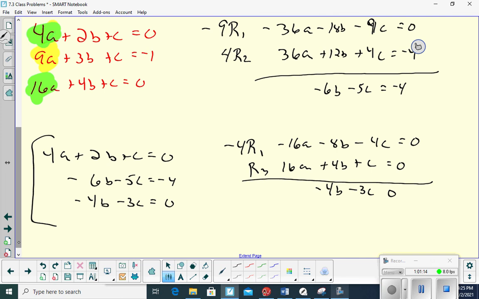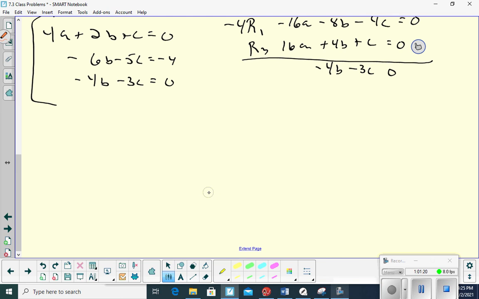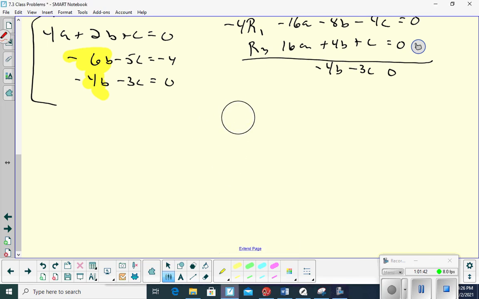I'm following the pattern. I'm going to do rows 2 and 3 to eliminate the b, or whatever is in the second column. I decide that I'm going to make one 12 and one negative 12. I'm going to multiply the first one by a positive 2. Okay. So 2 times row 2, so this will be negative 12b minus 10c is equal to negative 8.